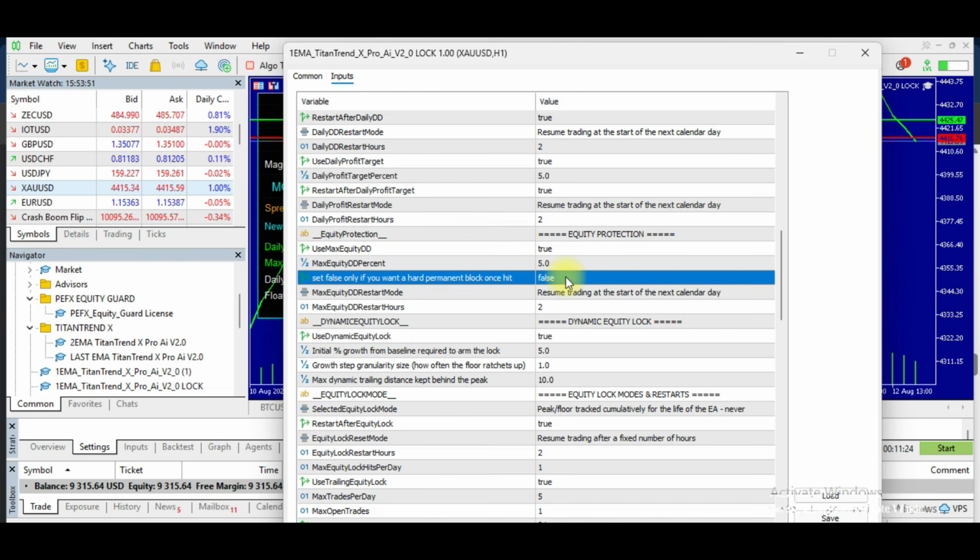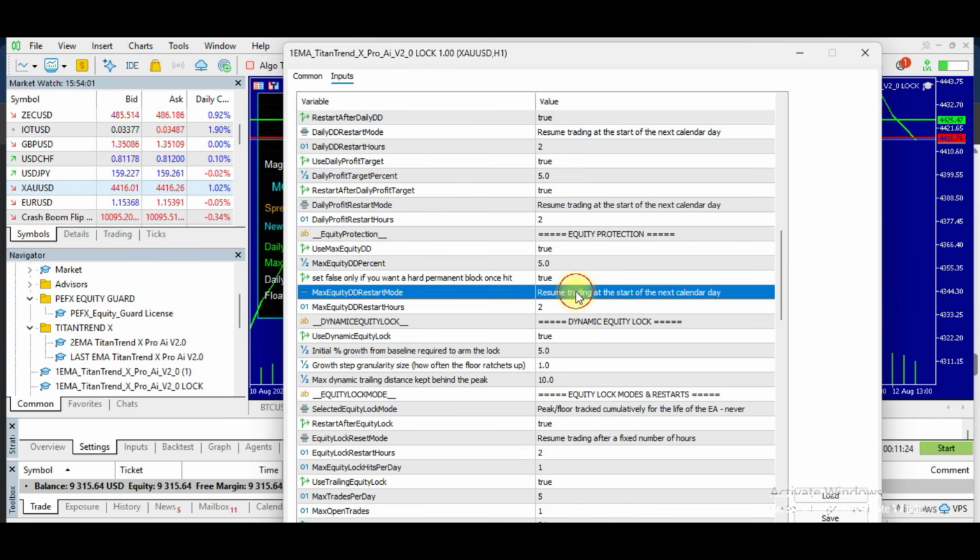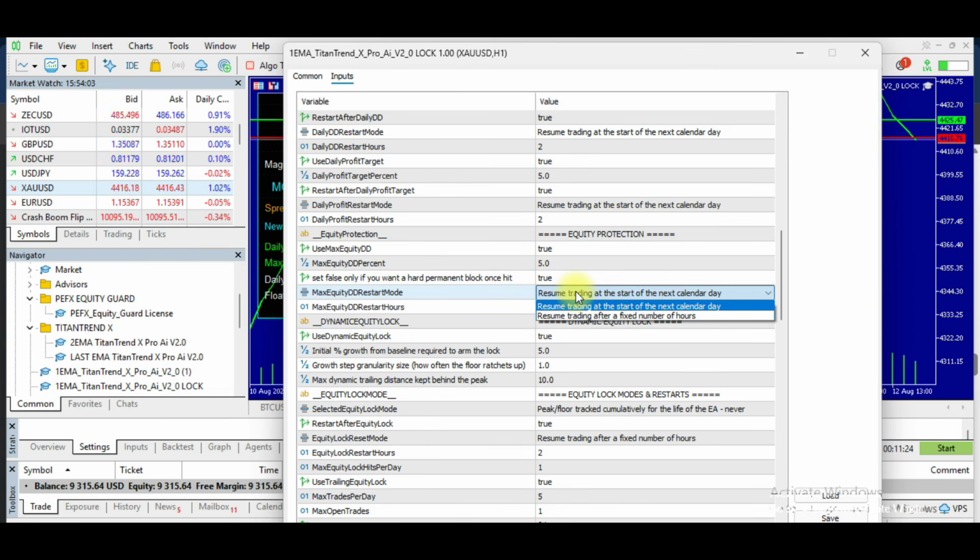But if you want to set it to restart the next day or to restart by hours, you can put your hour there, then put this one on true. And once you put it on true, then you come down here and toggle this place, double click and toggle here. Then when you toggle here, it says resume trading at the start of the next calendar day.